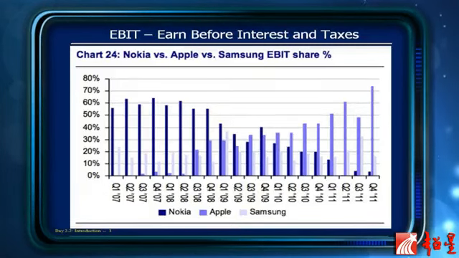Notice this is Nokia, the dark one. Notice how Nokia is going down. And this blue is Apple, this light blue. You can see Apple is going up. And this very light one is Samsung. You can see Samsung is going up too. That's interesting because both Samsung and Apple work with the University of Missouri.